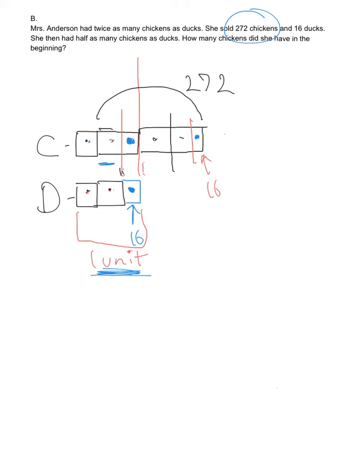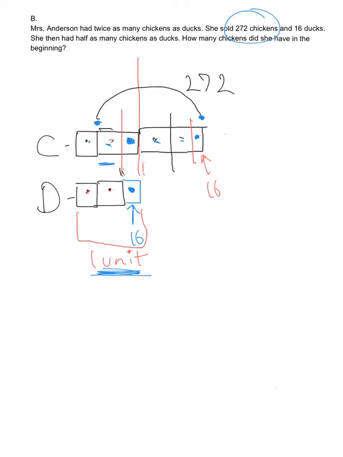Interesting. Well, how's that all going to help me? Well, from this point here to here is worth 272. So now what do I see? I see that I have 3 units, 1 unit, 2 units, 3 units, plus a unit that's worth 16 and a unit that's worth 16.